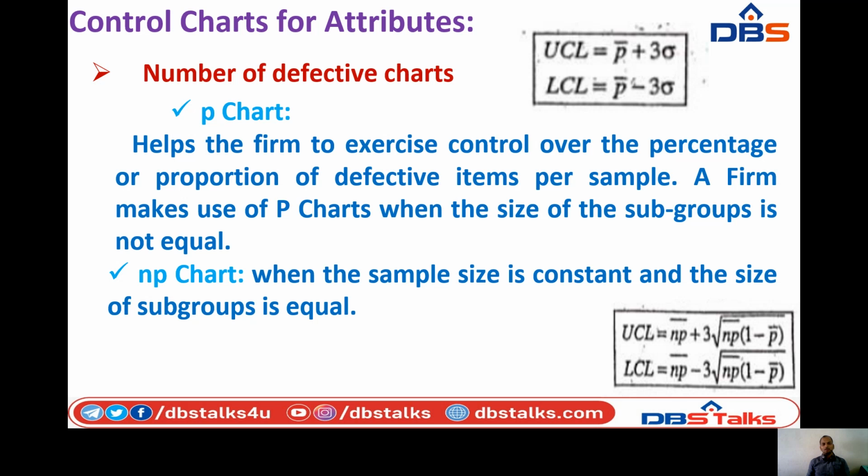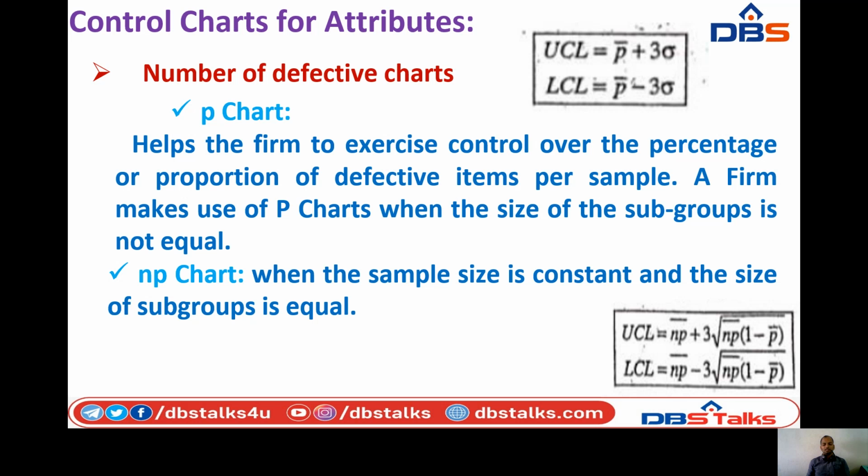The attributes are also classified into two: the number of defective charts, and charts for defects. Under the number of defective charts, again there are two: the NP chart and the P chart.